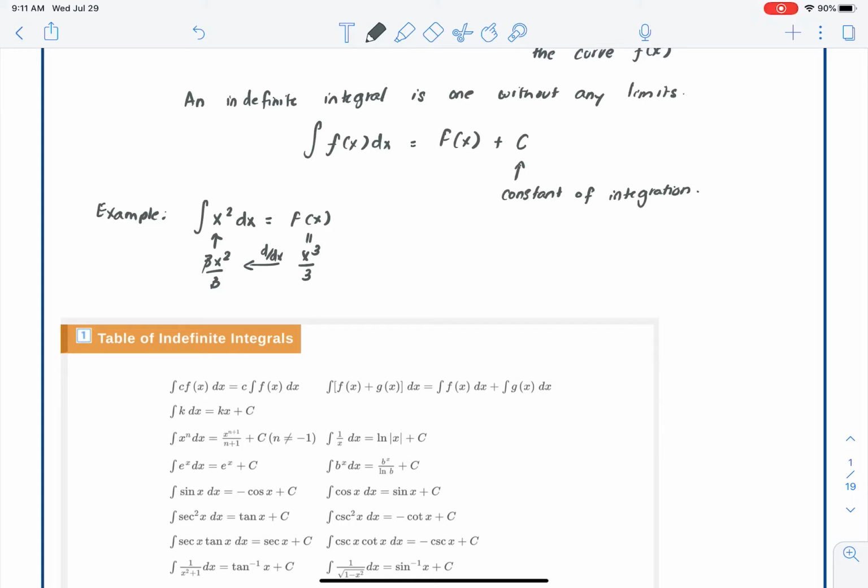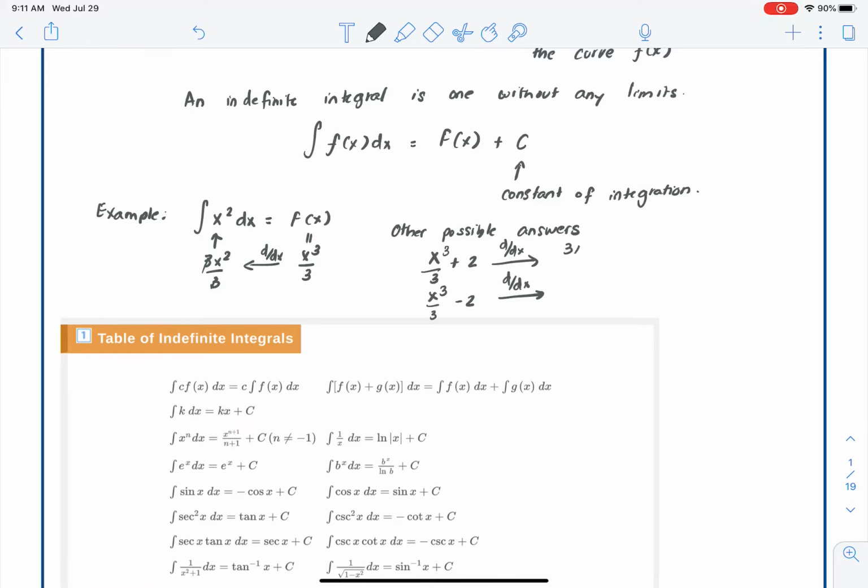But what are other possible answers? I could have x cubed over 3 plus 2. I could have x cubed over 3 minus 2. Differentiate both of them.